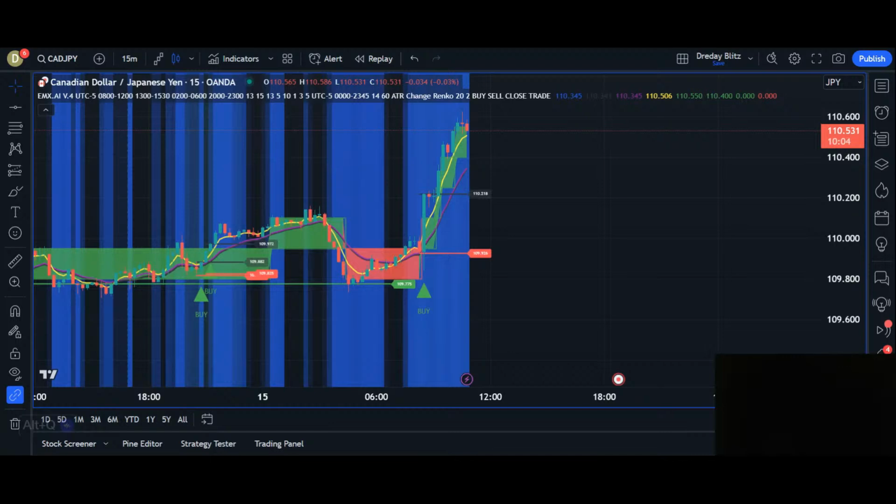Yeah, exactly. So it's good to know that if USD CAD is going down, that means that anything that has CAD in it will go up. And same thing, if USD CAD is going up, that means that CAD is going down.